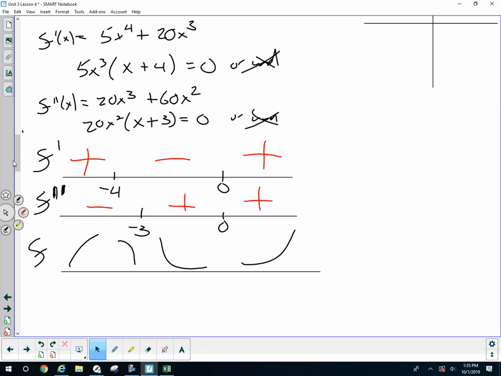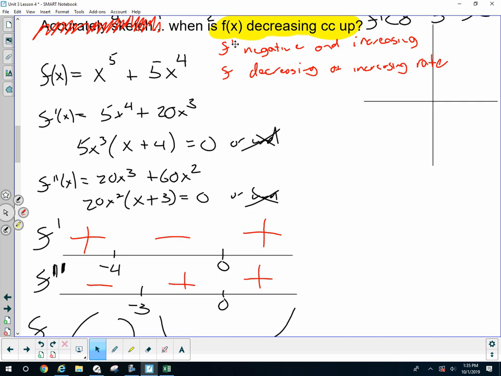When is f decreasing concave up? When is f prime negative and increasing? When is f decreasing at an increasing rate? They're all the same.